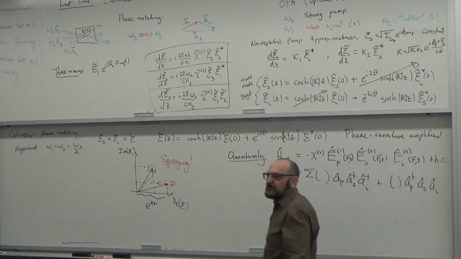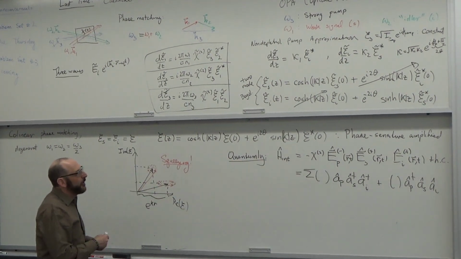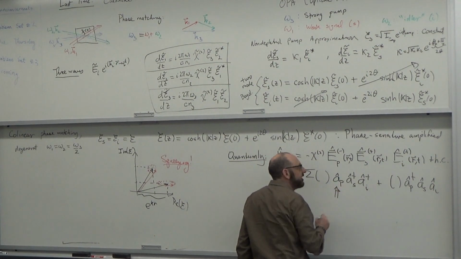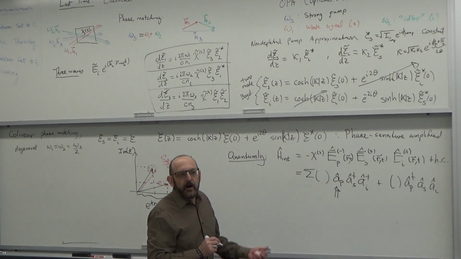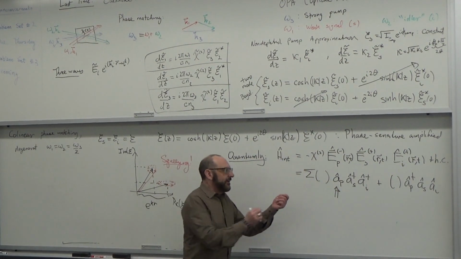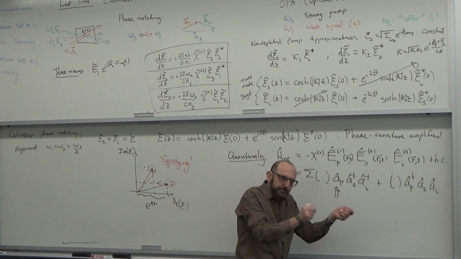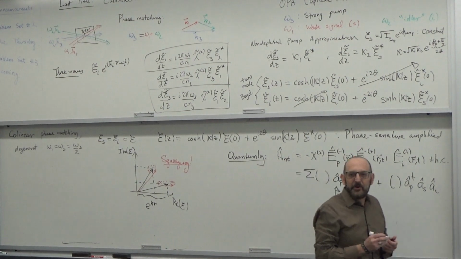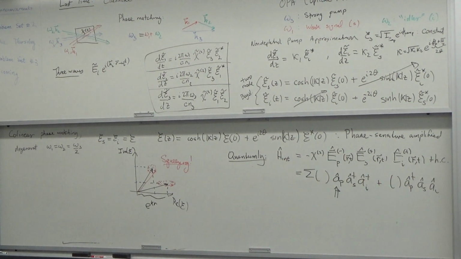The three-wave mixing process is a process by which we, say, annihilate a pump photon and create pairs of photons in these phase-matched modes. Okay?